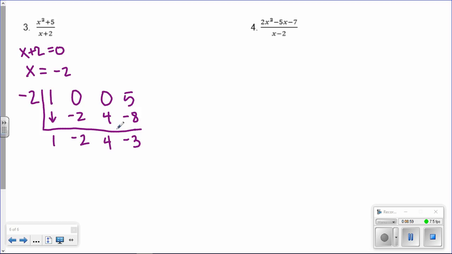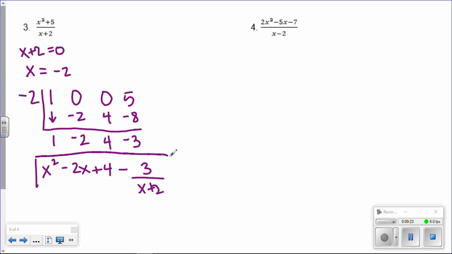All right, then you can write your final answer. So I would have x squared, because we started off with a cube, and then minus 2x plus 4 minus 3 over x plus 2. So we've got a remainder of negative 3. That last number is always your remainder.